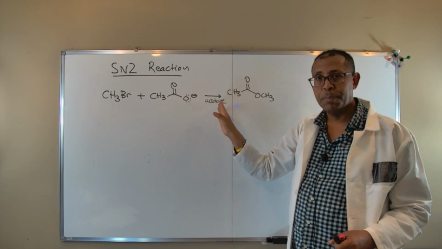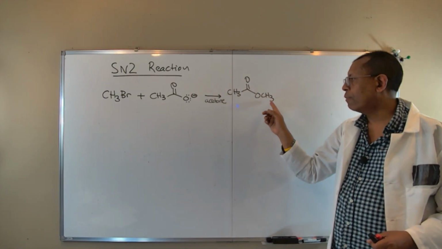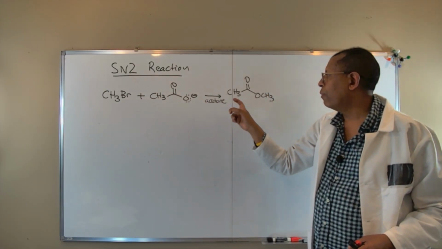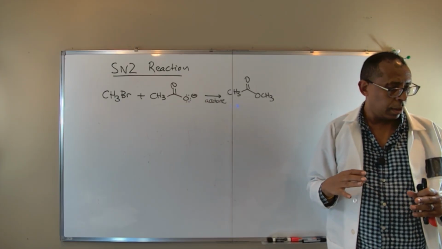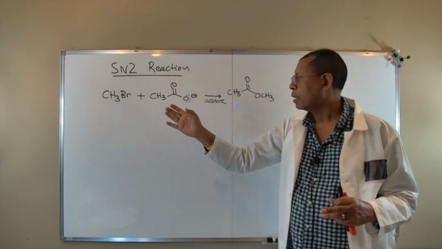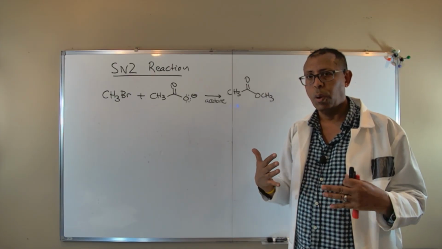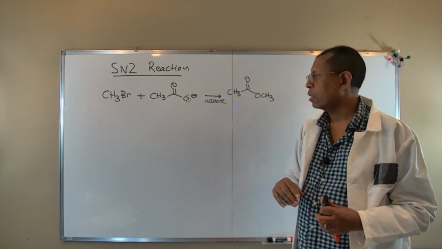In the proper solvent, like acetone, you can form a substitution reaction between these two to form this product. So now I already gave you a hint that this is an SN2 reaction. We'll work out all the details that involve this reaction.